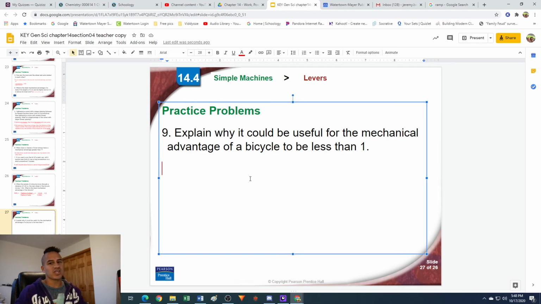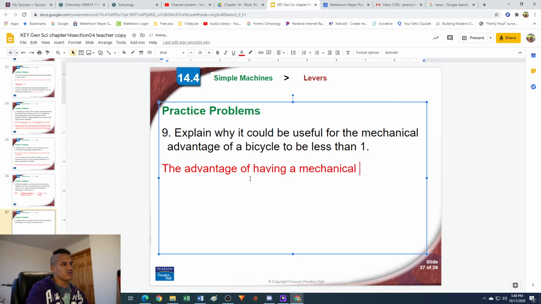So a higher gear basically means you can go faster, whereas if you put it in a lower gear, like gear 1, it's really easy to pedal your bicycle, but it doesn't go that fast. So we can say the advantage of having a mechanical advantage less than 1 is that the bicycle will go faster.